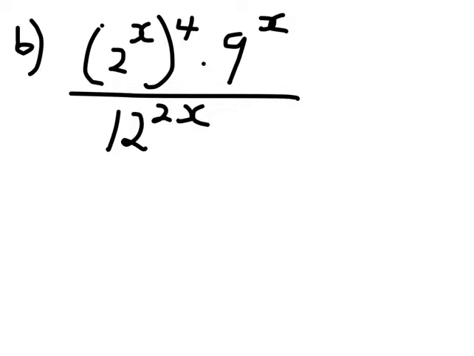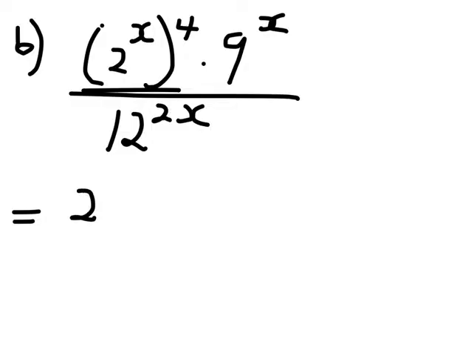Again, it is an expression because we don't see an equal sign, which means we are going to simplify. Just think of it as you are given each of those but combined together. So what I know is that on that first part, I will apply that law which says when you have a base raised to an exponent, and you have another exponent, you just multiply those exponents.